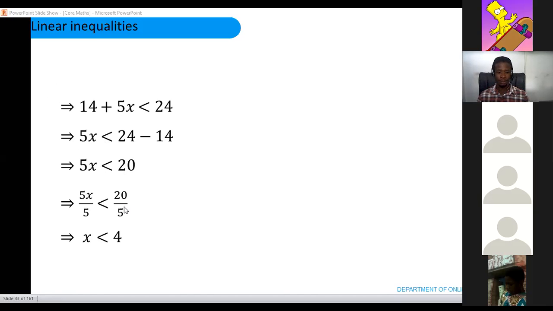So x must be less than 2. Please, is that how we are supposed to conclude, or is there another way? Oh, that's all. x is less than 2.